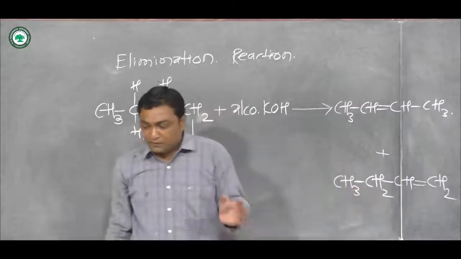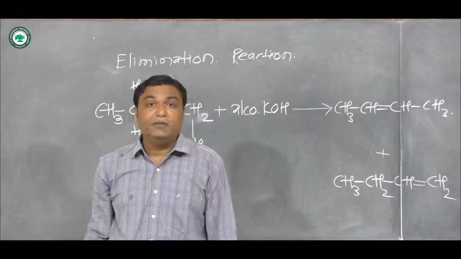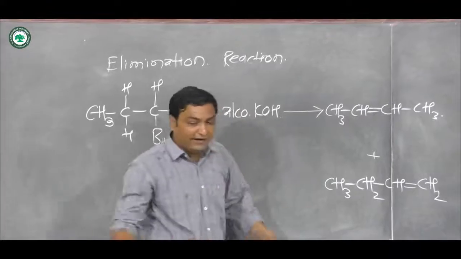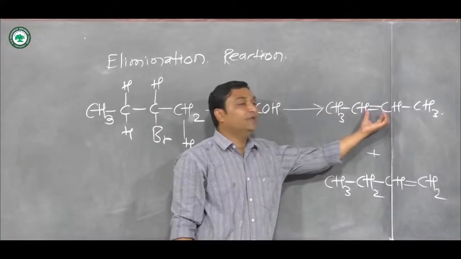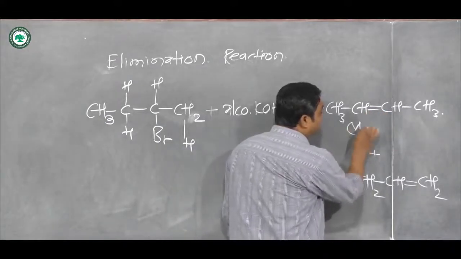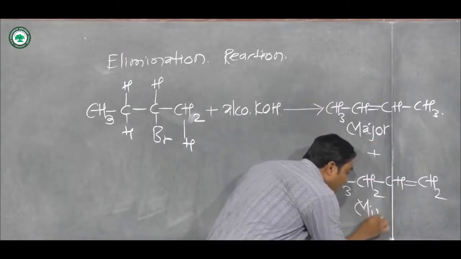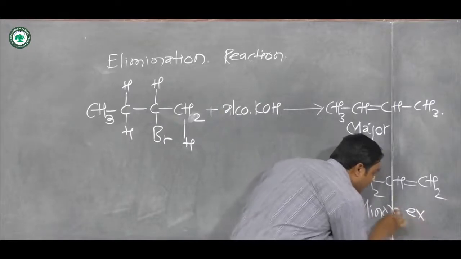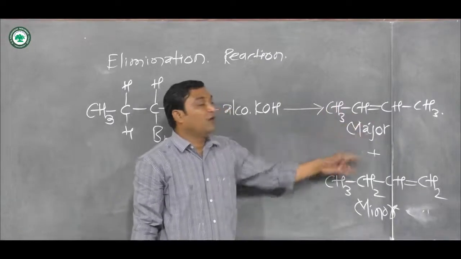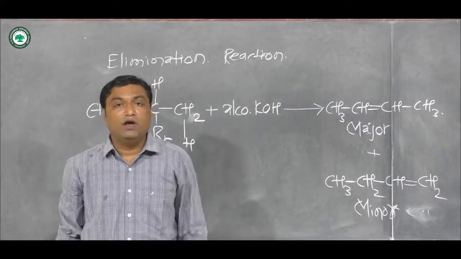To understand that concept, we have to know what is meant by Saytzeff rule and what is meant by Hofmann rule. The more substituted alkene is always formed to a major extent, and this will be formed to a minor extent. To understand the formation of a mixture of products, we have to know about the Saytzeff rule and the Hofmann rule.